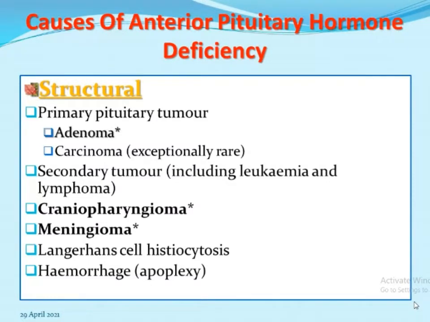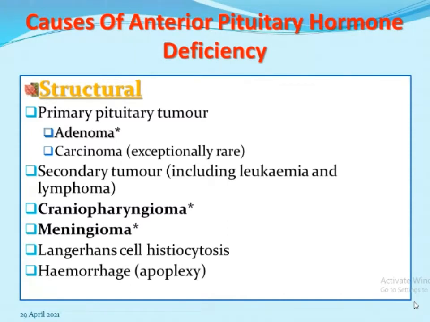So what are the causes of anterior pituitary hormone deficiency? You should keep in mind that these are rare. Today we are talking about a rare condition. It is not so common. But you should think of this disorder, especially in people who have a history of pituitary tumor previously, like pituitary disease or pituitary surgery or adenoma or hemorrhage.